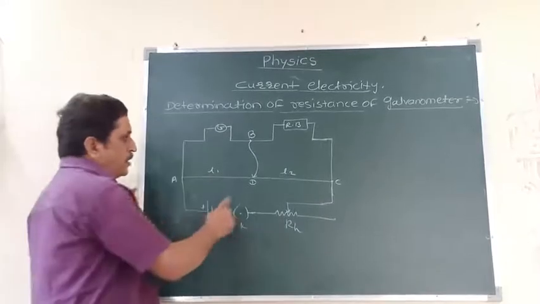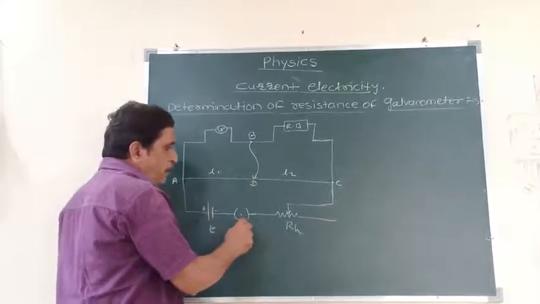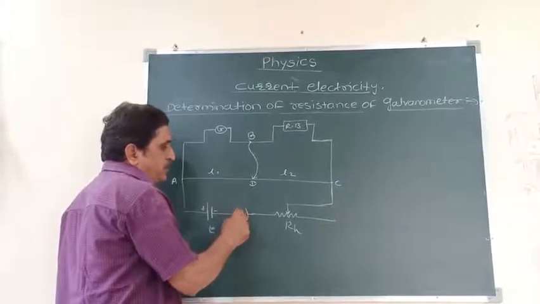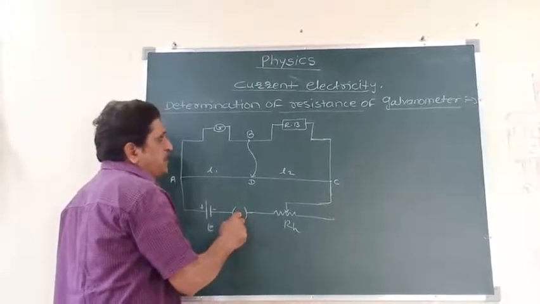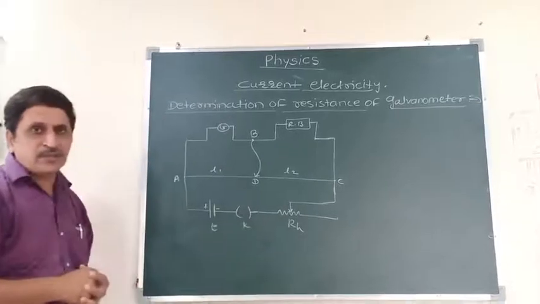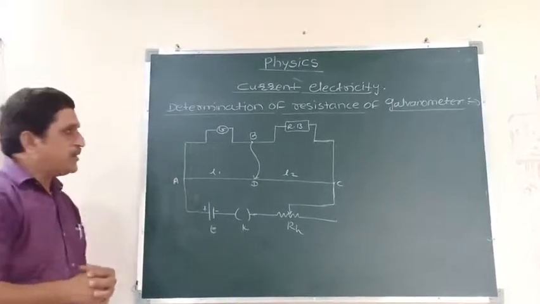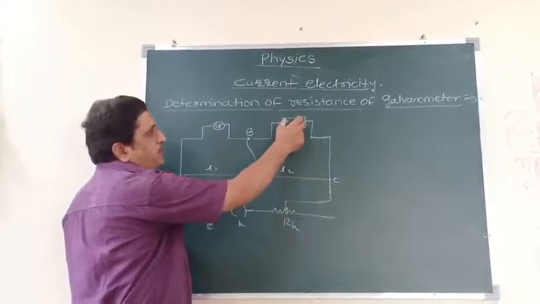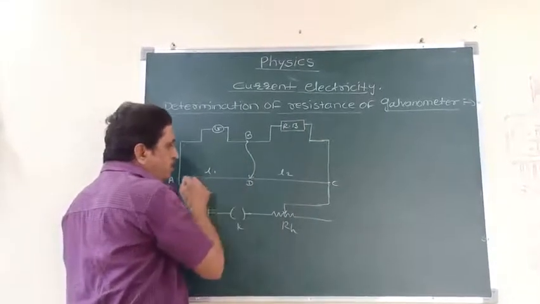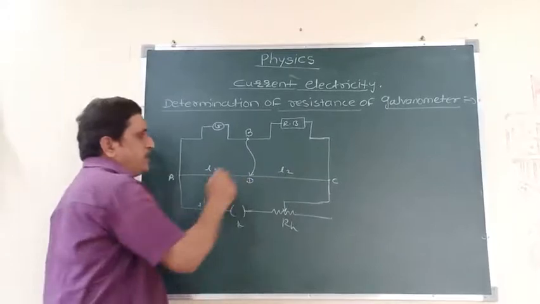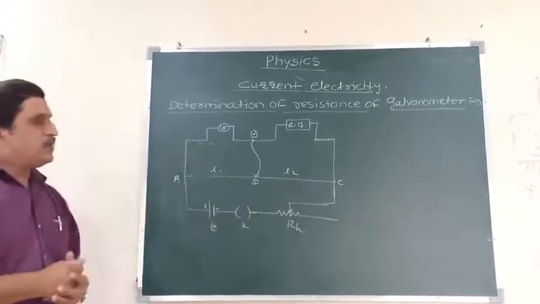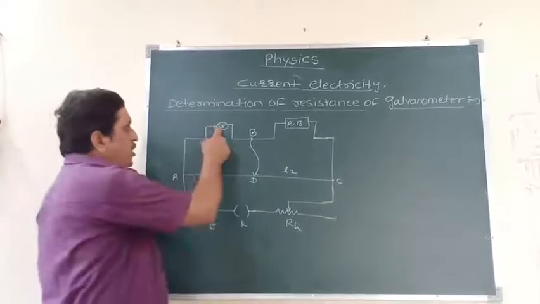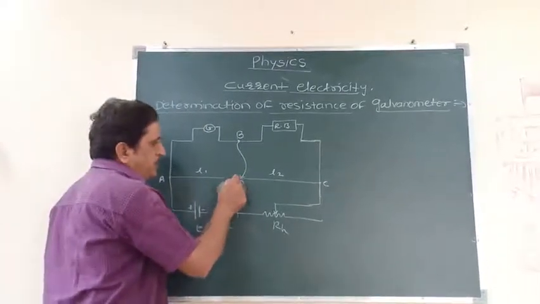Therefore, after closing the circuit, if the key is kept closed, the galvanometer shows some deflection. That is nothing but the initial deflection. And when the standard value of resistance is taken out from the resistance box, then move the jockey along the wire AC and try to find the initial deflection of the galvanometer. And if the galvanometer shows that deflection, then note the reading.